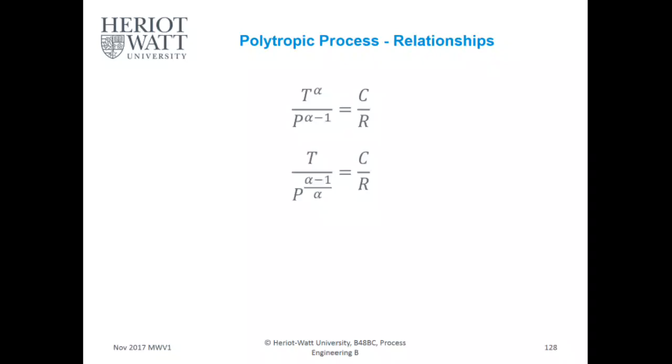And you get rid of the alpha on the T by bringing it down. So it becomes T P to the alpha minus 1 over alpha equals C over R. Now, you see something very similar in your notes in your study guide. So if you solve for T2 over T1, it equals P2 over P1 to the alpha minus 1 over alpha.